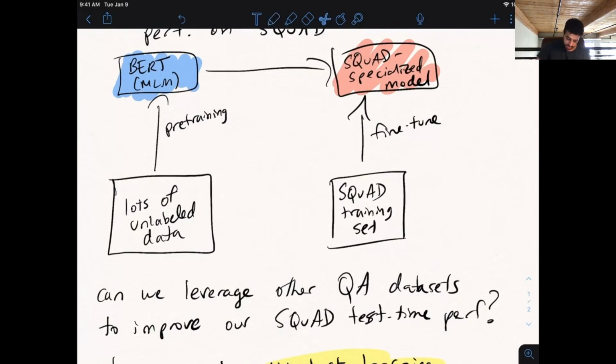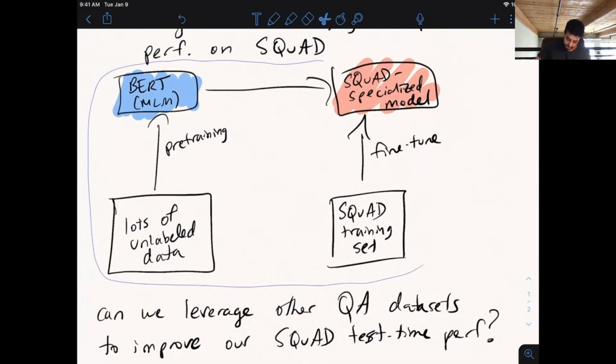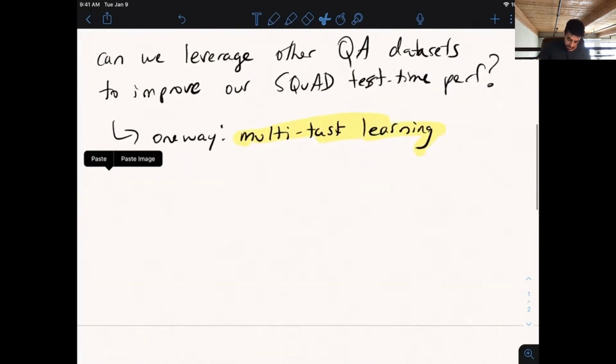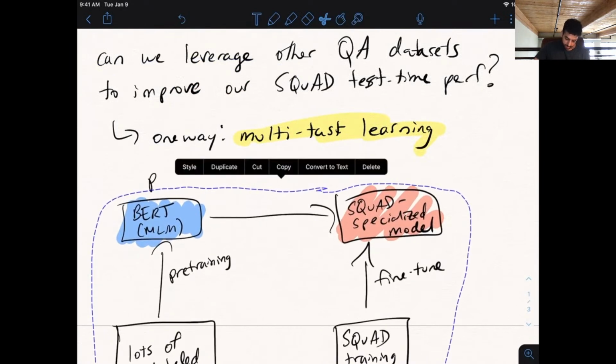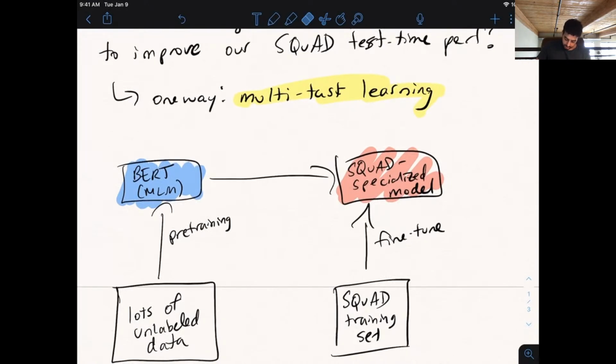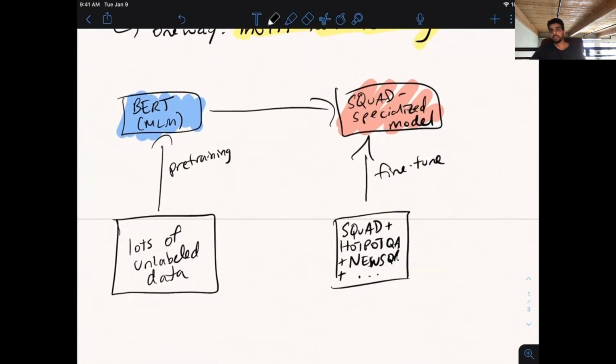So if I take the same setup here, let me just copy this and paste it down here. Okay, get rid of this. Here, instead of just having access to the Squad data set, I'm going to have access to Squad plus HotpotQA plus NewsQA plus so on, right? I can just add as many of these data sets as I want into the fine-tuning step.